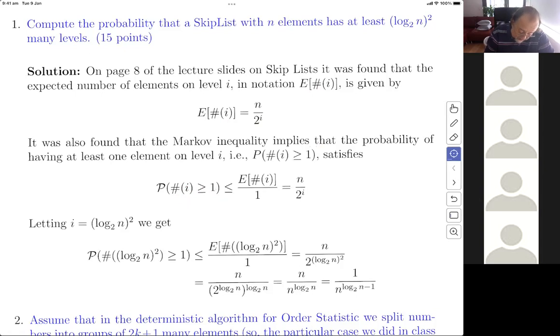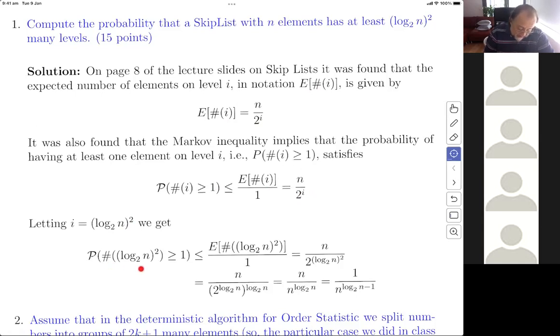So by Markov inequality, the probability that #i is bigger or equal than 1 is the expected number of #i divided by the bound, in this case 1, and the expected number we just saw is n divided by 2 to the i. And now you just substitute i by log n squared.